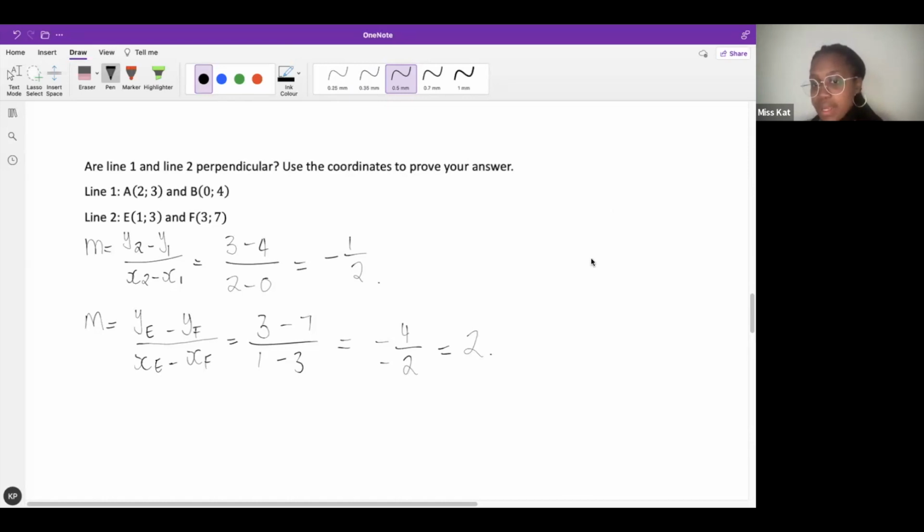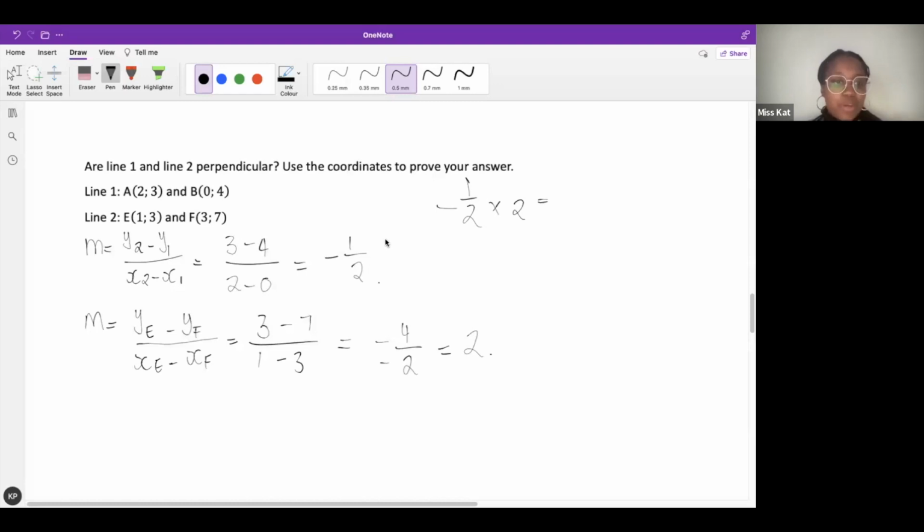Yes, ma'am. Okay, guys. Are these two lines perpendicular? Let's see. -1 over 2 multiplied by 2 equals how much?